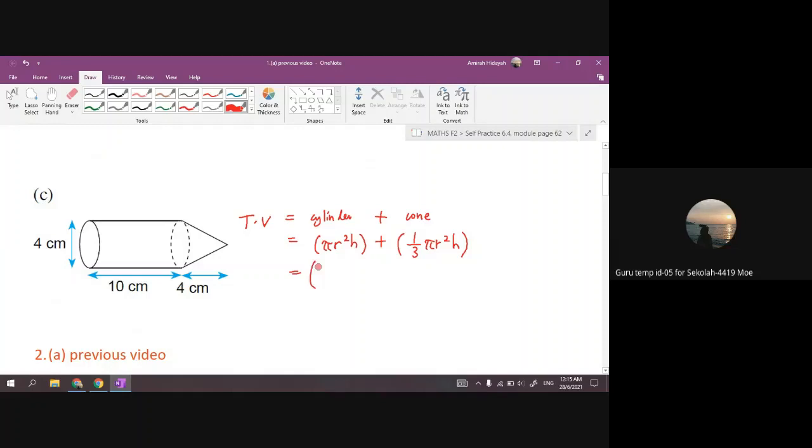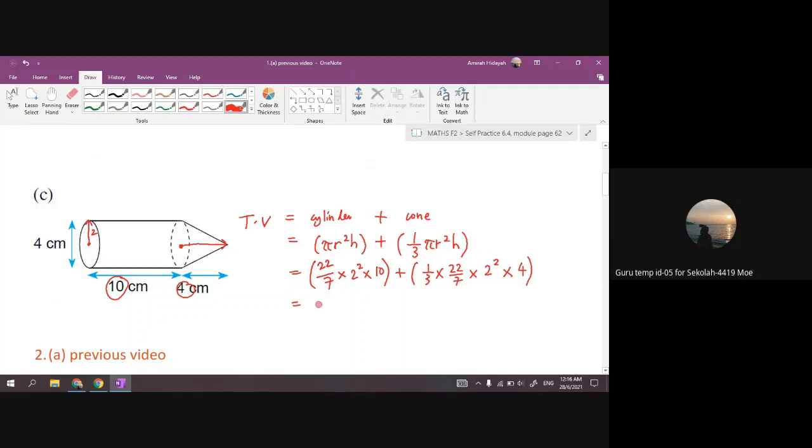Pi we know is 22/7. For the radius of the cylinder, the diameter is given, so the radius is 2. 2 square times height of cylinder, which is 10. Plus cone: 1/3 times pi 22/7 times radius of cone, the same as the cylinder's radius, right? So 2 square times height of cone. The height of cone is from here to here, so 4.